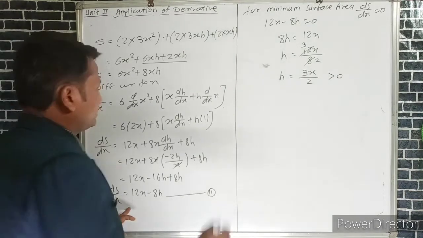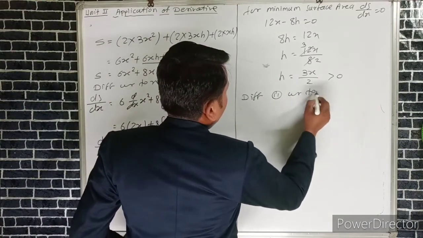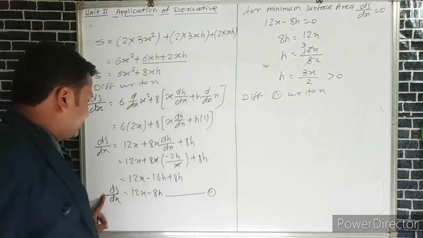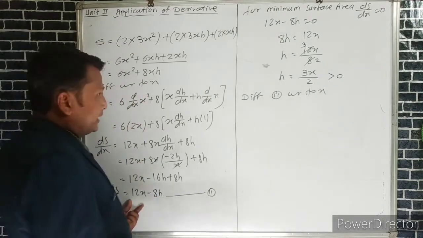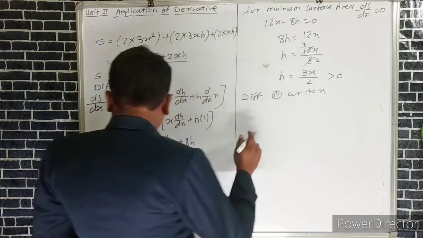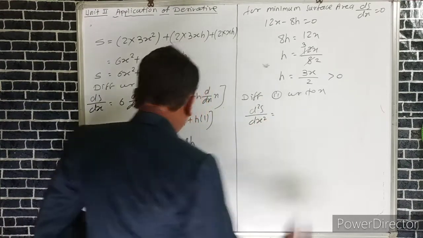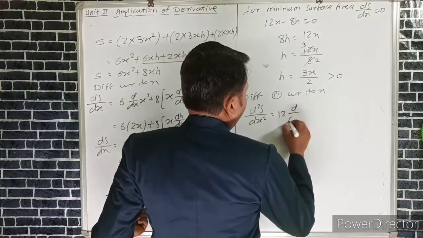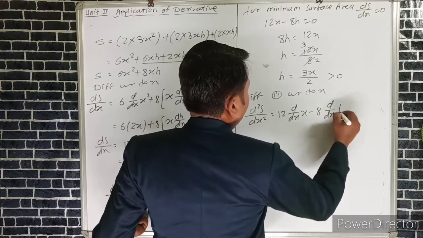If we differentiate equation 2 with respect to x, we get the second derivative of the surface area: d²S/dx² equals 12 into the derivative of x minus 8 into the derivative of h.